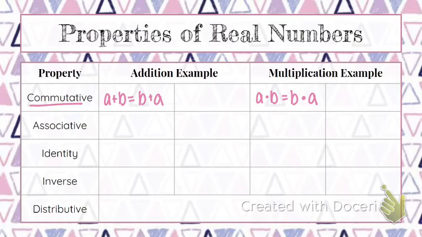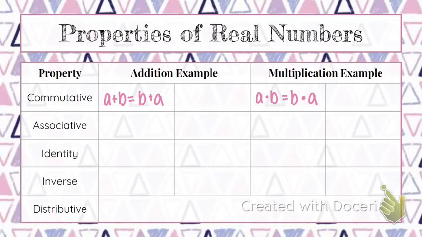So the commutative property works both ways. It can be A followed by B or B followed by A. So when you think commutative, think it works both ways. That's how I remember the name of that property.